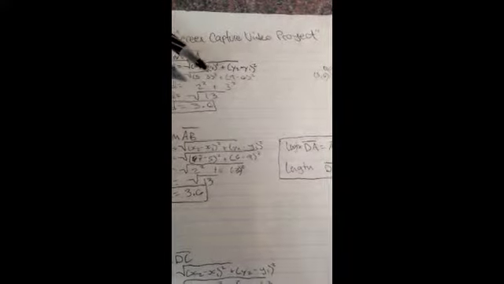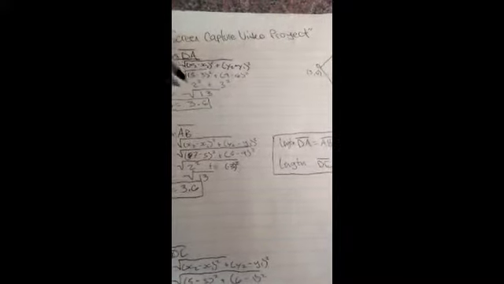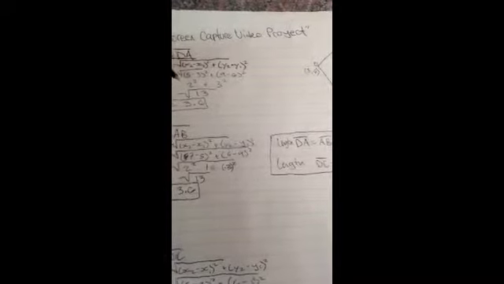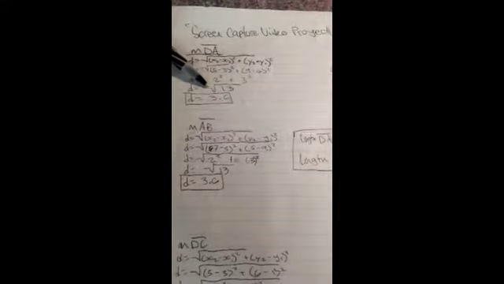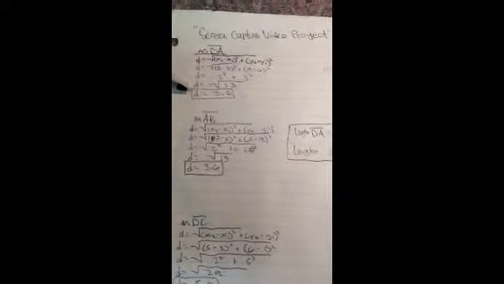Okay, so we do this and we get the square root of 2 squared plus 3 squared. To that we get 4 plus 9. 4 plus 9 is equal to 13. Square root of 13 is 3.6.